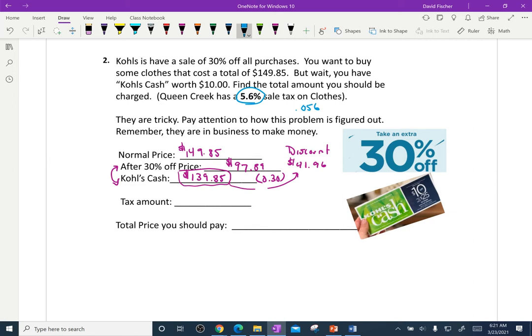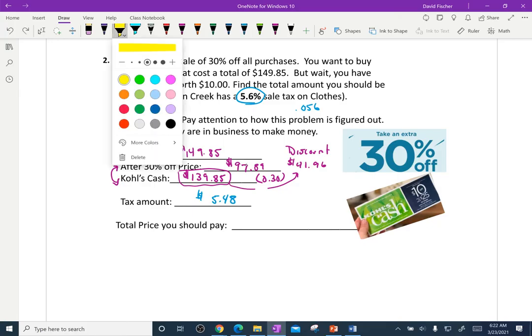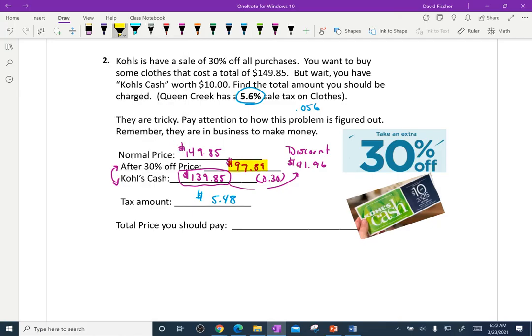Again, we round to the nearest hundredth. So in tax, I'm going to have $5.48 that I owe the city of Queen Creek. Now again, that's a tax, so that's going to be added on to our total amount up here. Our total amount after we figured out our discount was this number right here. So we need to add these two together to figure out how much our total bill is going to be.